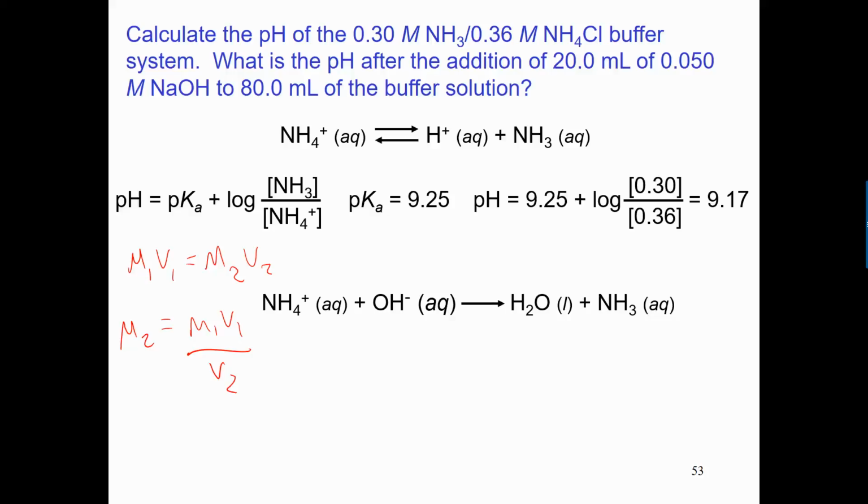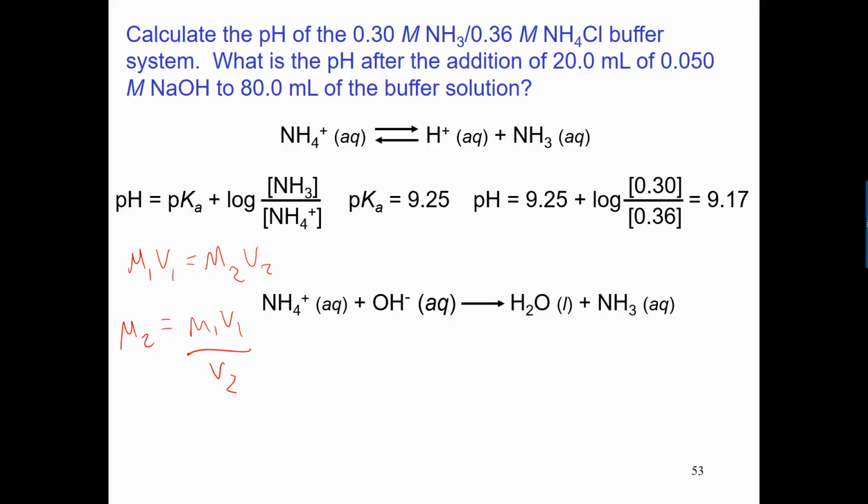I'm going to calculate that concentration change here for all of these. And why do you want M2 versus M1? Because that's the new molarity after the dilution. I started out with 0.36 molar of NH4, and I'm going to dilute it when I add 20 milliliters of this sodium hydroxide.